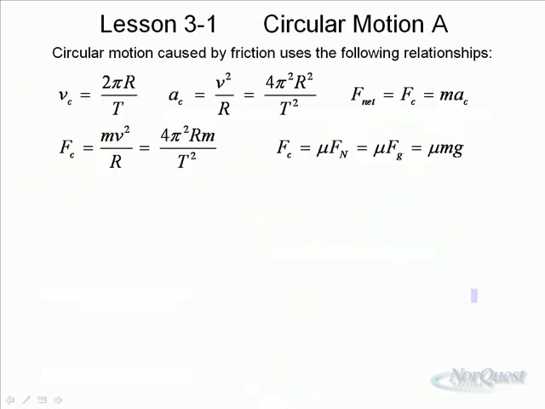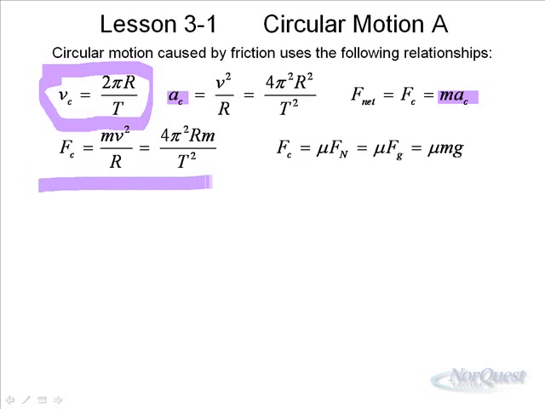So circular motion caused by friction uses the following relationships. This is the speed of an object as it goes through a circle. These are our two equations for centripetal acceleration. Net force, of course, is centripetal force, and net force is always ma. And then we have our equations for centripetal force.